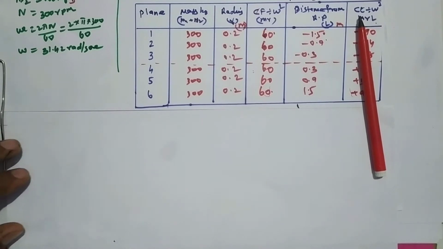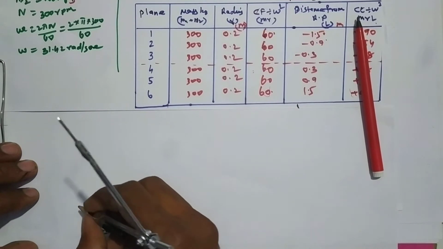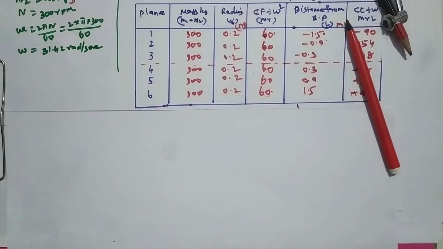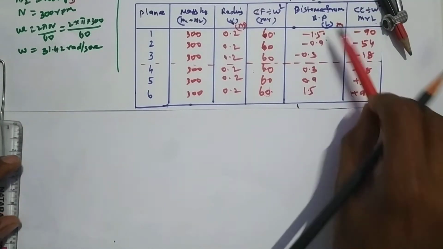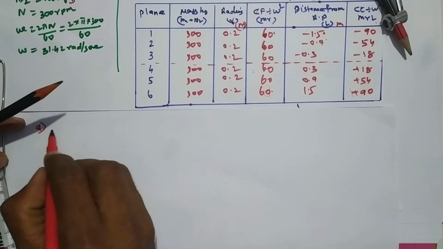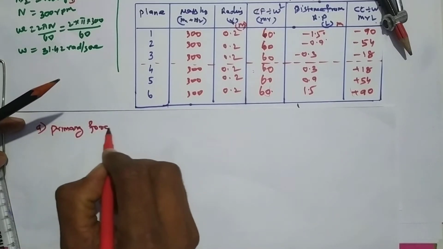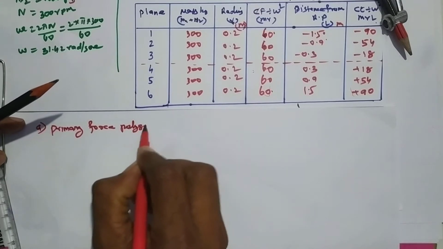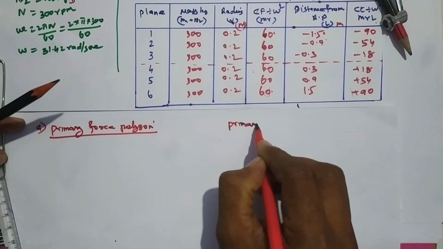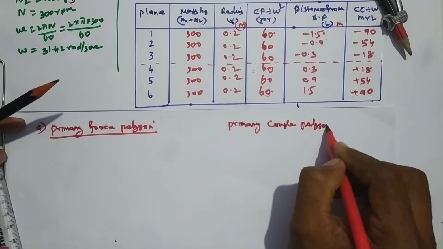Mark a point, any one point here, just to draw the primary force polygon and the primary couple polygon.